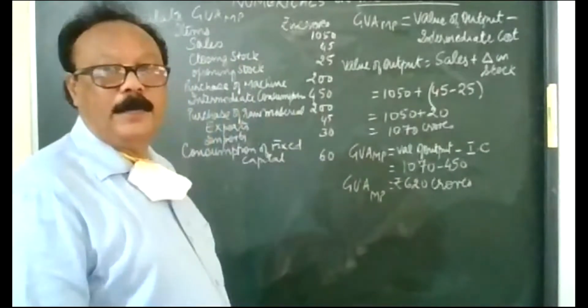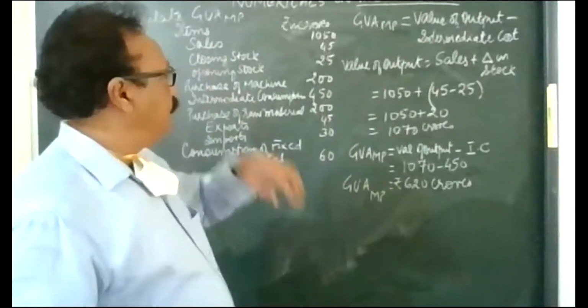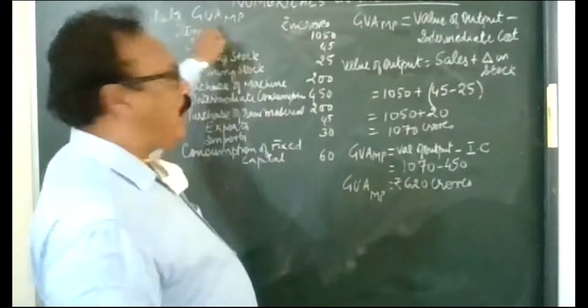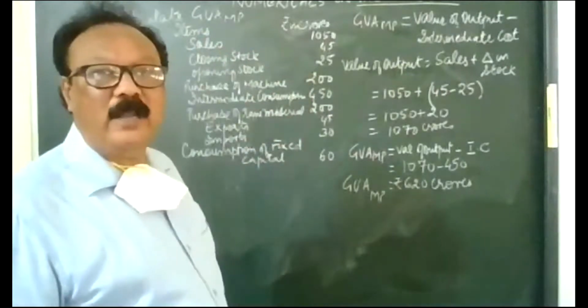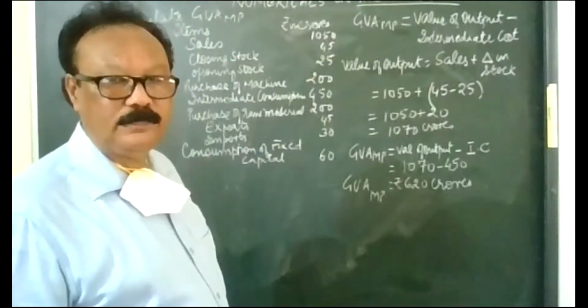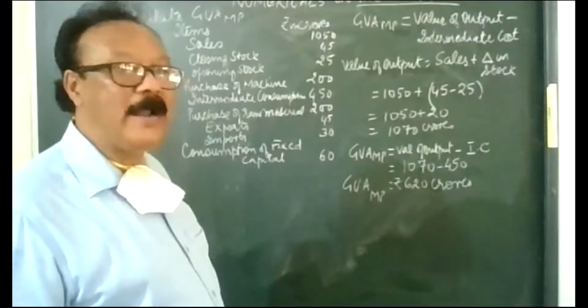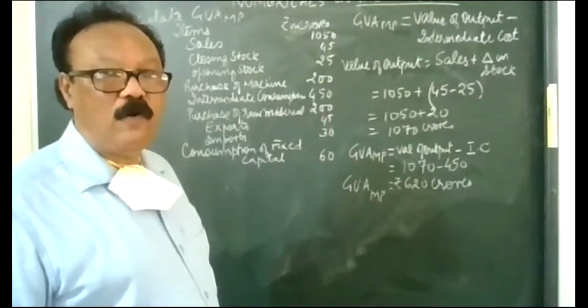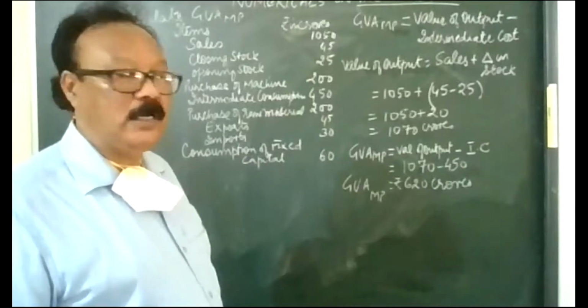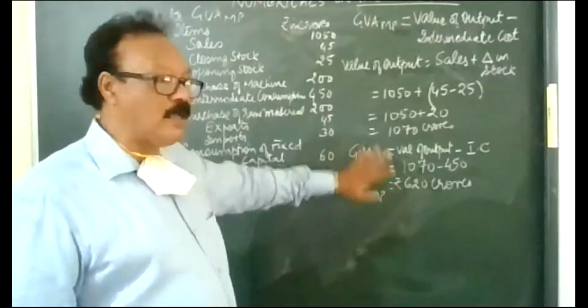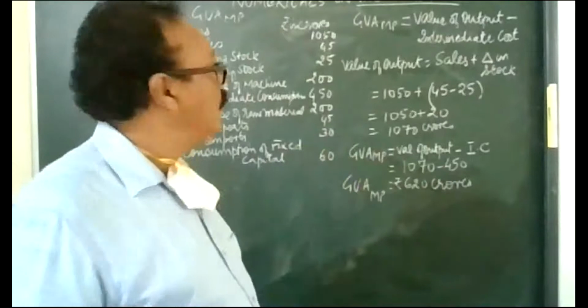Once again, calculate gross value added at market price. This is a numerical on the value added method for calculating national income. National income is not asked, it is simply gross value added.